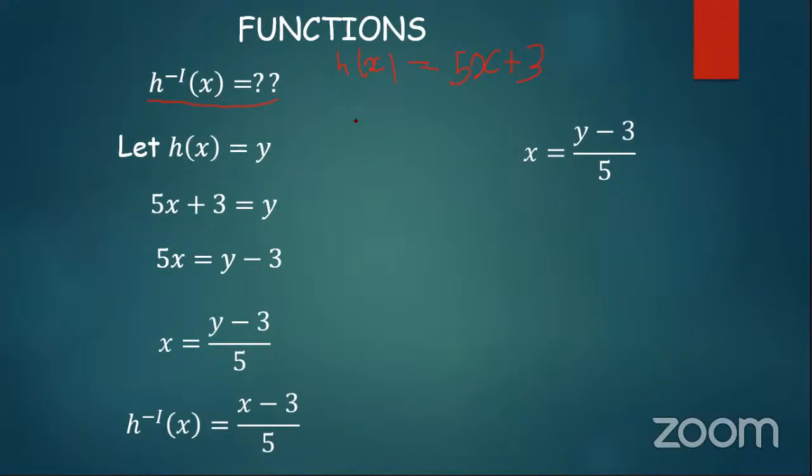We have x minus 3 over 5, so we substitute x for negative 5. We'll have negative 5 minus 3 divided by 5, which is going to give us negative 8 divided by 5.